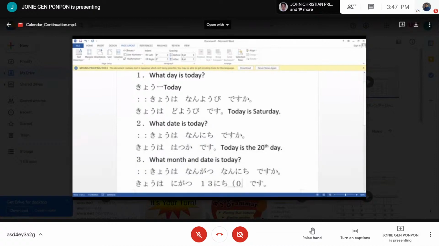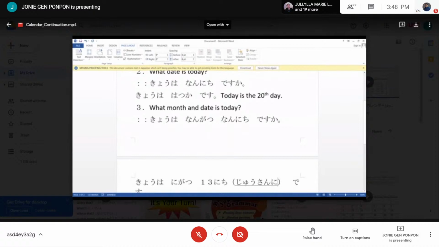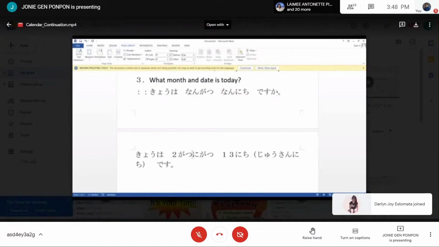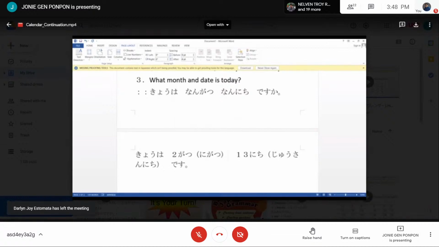In formal writing, it can be either in kanji or the numeric figure. 今日は2月13日です。So in kanji, 2 and then the kanji for gatsu, and then 13 and the kanji for nichi. That's how you answer.